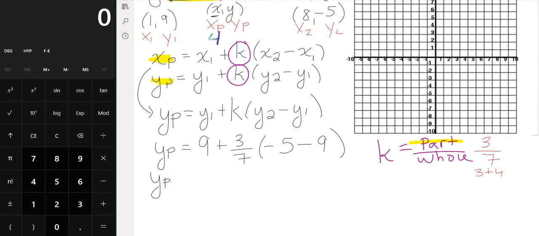Keep going. YP equals, we're going to work with the innermost parentheses. So 9 plus 3 over 7 times negative 5 minus 9. That gives us negative 14. Keep going. Now we're going to do the multiplication here. So 3 over 7 times negative 14.